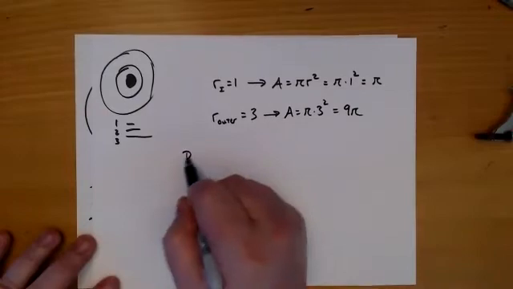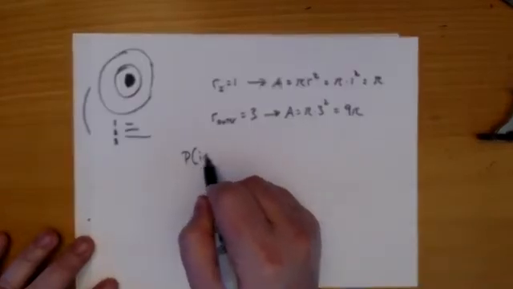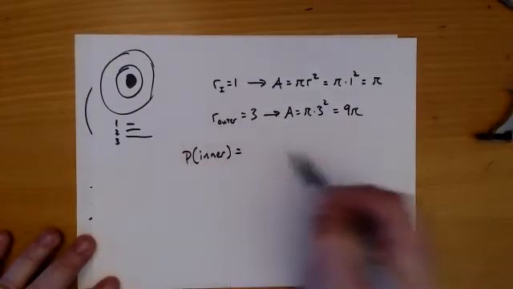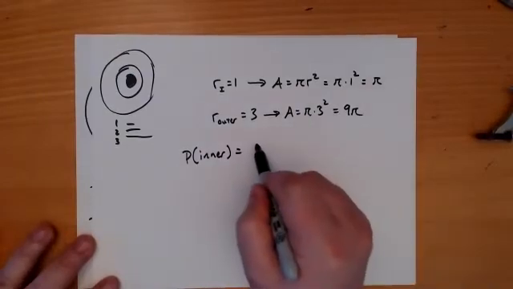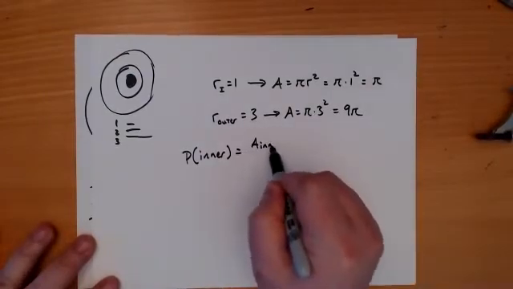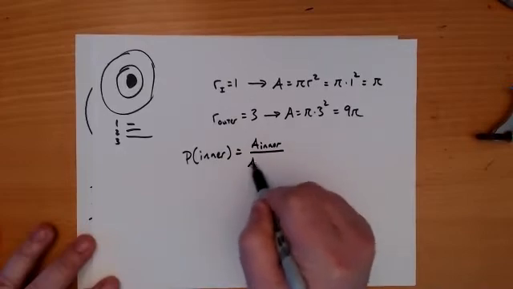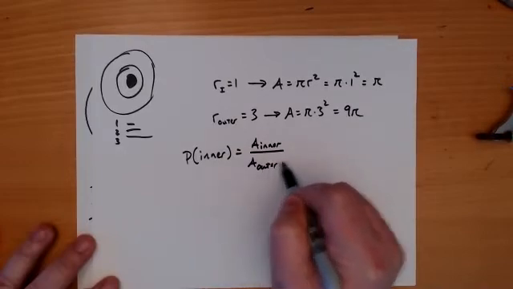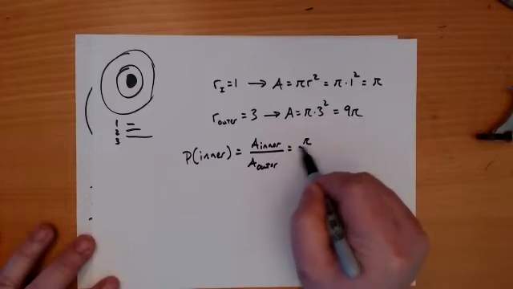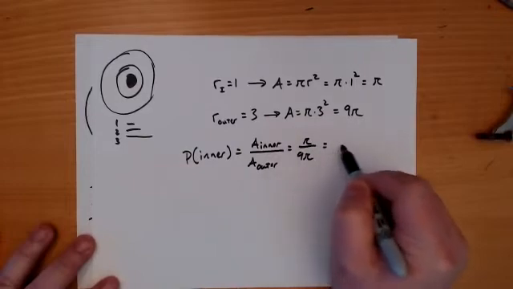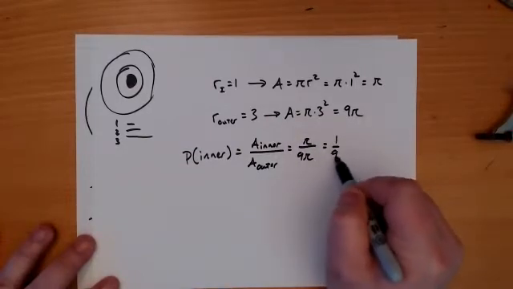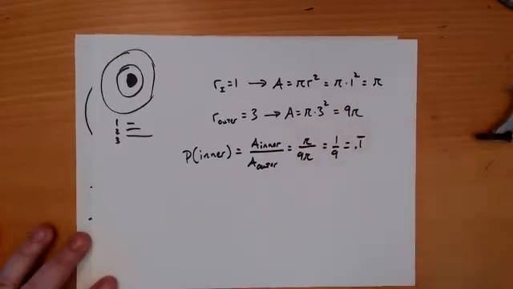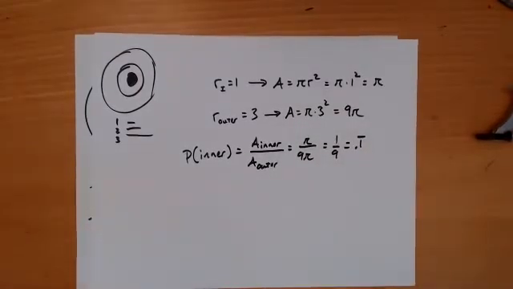So the probability of hitting the inner circle is equal to the area of the inner circle divided by the area of the outer circle. So pi over 9 pi, or 1/9. Which is 0.1 bar.